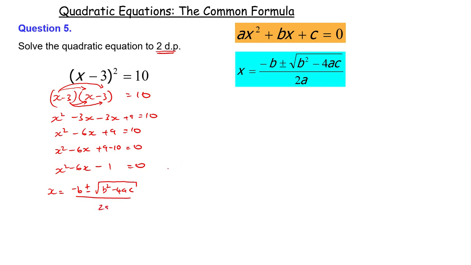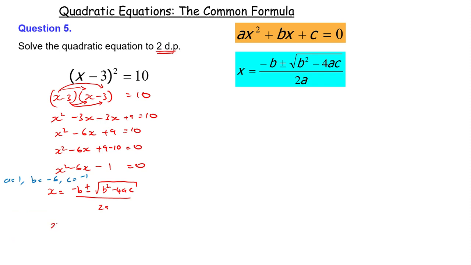Now in this, I've forgotten to write them down because we're working quite well with them now. If we just change the color so we can see, I've got a is equal to 1, b is equal to minus 6, and c equals minus 1. So we can sub for those numbers in the equation. Let's just change this back to red.